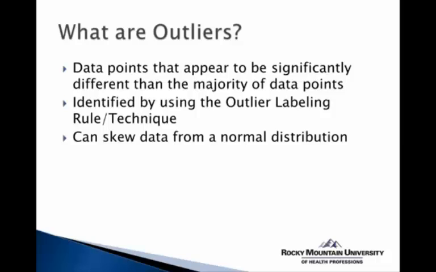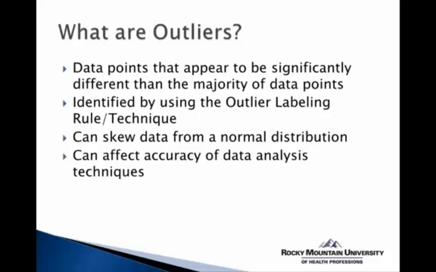A normal distribution is one of the primary assumptions we have when we do parametric statistics. If we try to do parametric analysis techniques using skewed or non-normal data, that would significantly affect the accuracy of the technique, and we would be testing our hypothesis using a p-value that probably will not reflect any true differences that might be there.